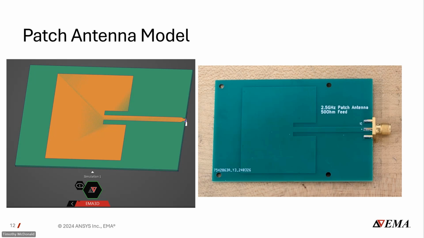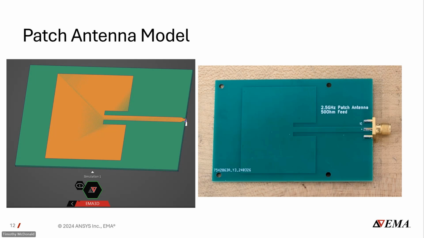You can see our EMC Plus model for the printed circuit board for the patch antenna on the left here. You'll see that same trace on the top, the dielectric, and then our antenna port is on the right. It's a little difficult to see in the EMC Plus model, but that allows us to both excite the trace and measure radiated emissions, and then further to measure the signal received on the patch antenna once it is placed within an electromagnetic field, thus allowing us to measure the radiated susceptibility.